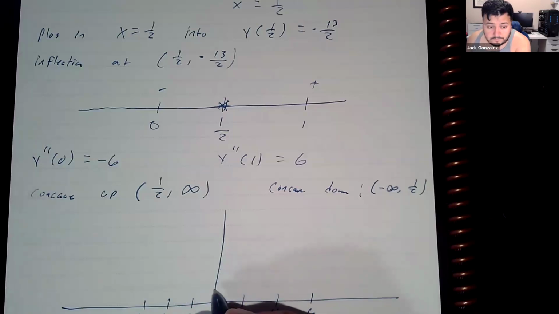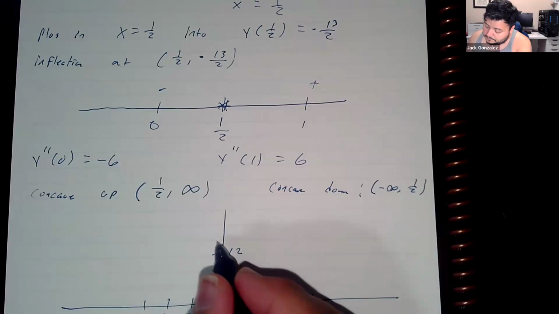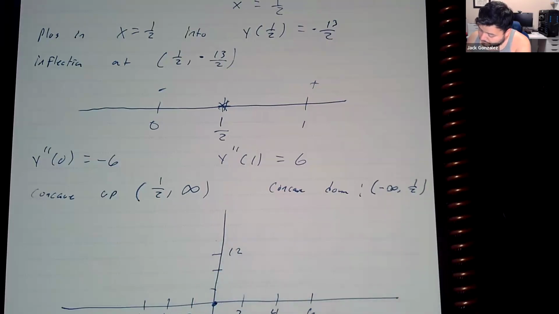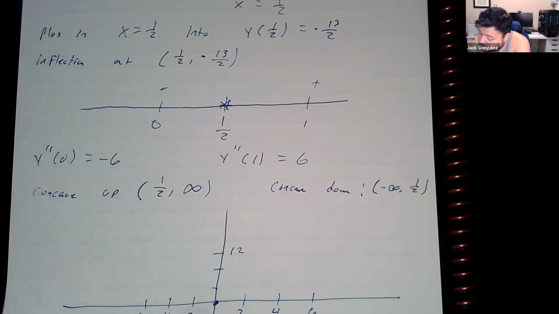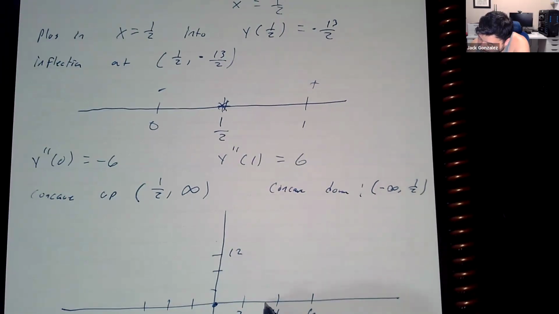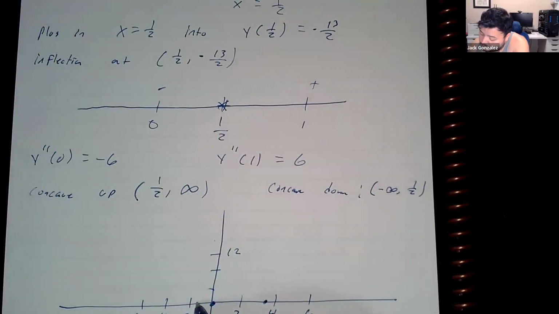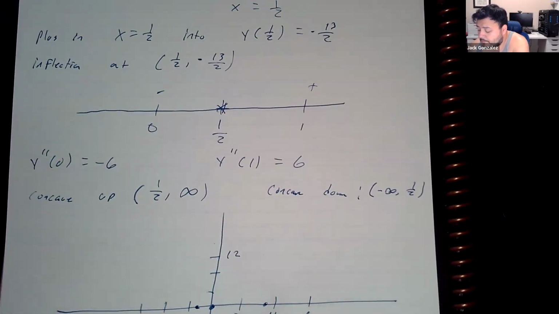I'm gonna graph it the way they did. So we said 3.3, so that's about here somewhere. Negative 1.8, it's around here somewhere. We have a maximum where?